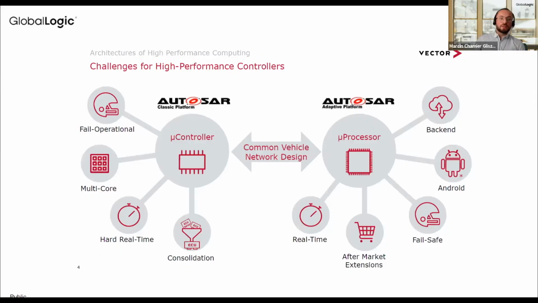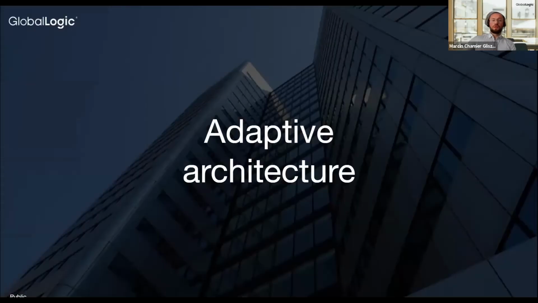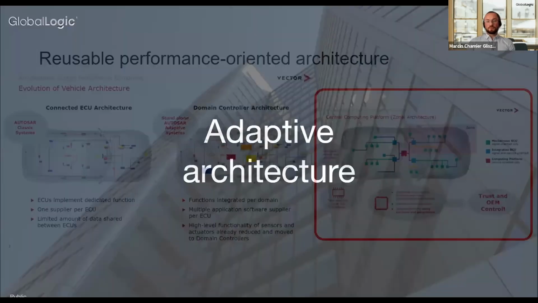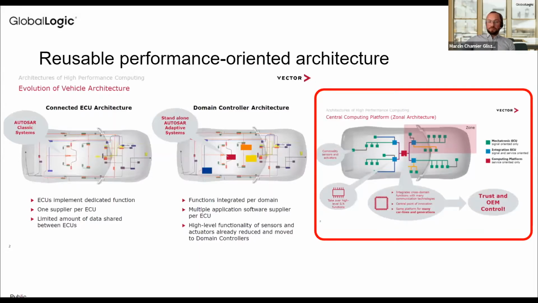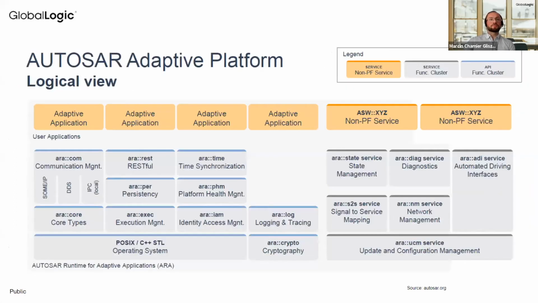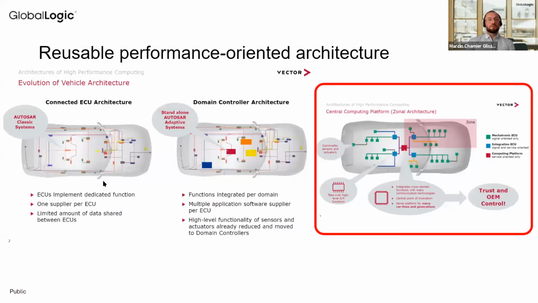So let's see what exactly the adaptive architecture looks like. Here is a bit of history once again. In the past, in all the cars, we had a simply connected ECU architecture.